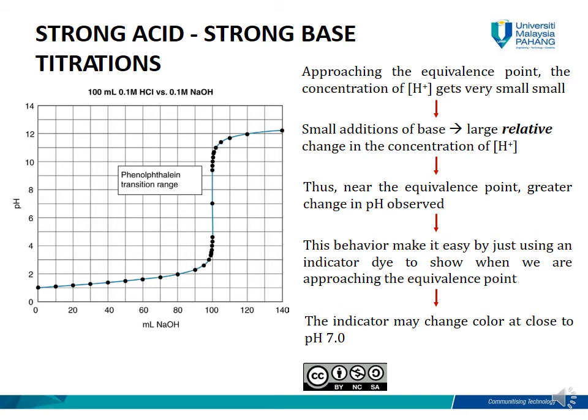Hence, a small addition of base gives a big difference in the pH value. So near the equivalence point, a big change in pH is observed. For strong acid and strong base titration, phenolphthalein will be used as the indicator. Basically, the equivalence point is at pH 7.